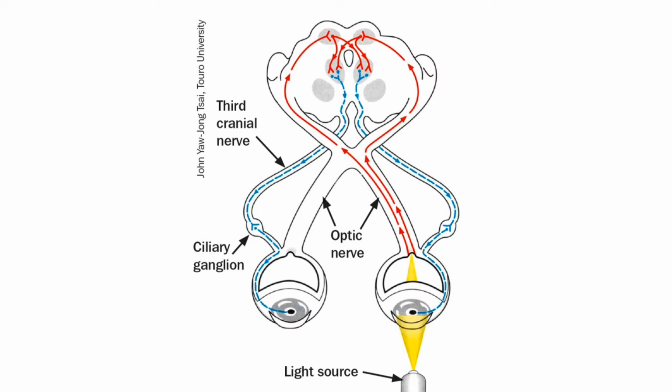Now, one thing about this whole diagram I want you to think about is that when light enters the pupillary pathway, it synapses with both Edinger-Westphal nuclei, which means that even if you only have light entering one eye, both eyes receive a parasympathetic input from light entering that left eye.